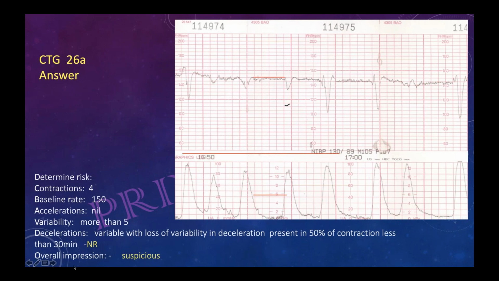If in the same CTG there was no feature with the variable deceleration, then it will be normal, right? Yes, then it will be considered reassuring because it is less than 90 minutes and no concerning characters. Without characters, more than 90 minutes will be an NR feature.